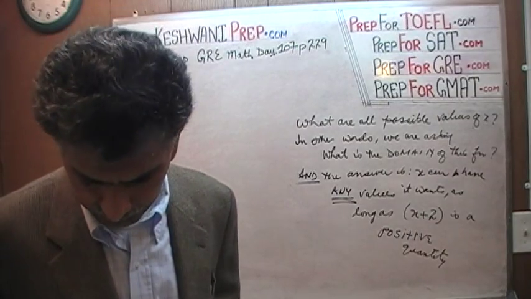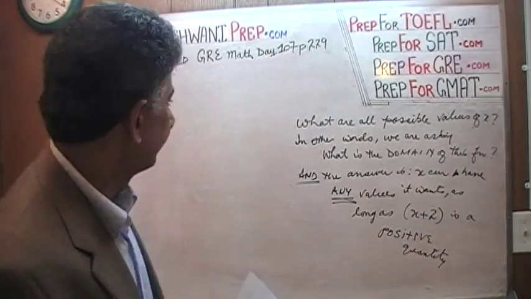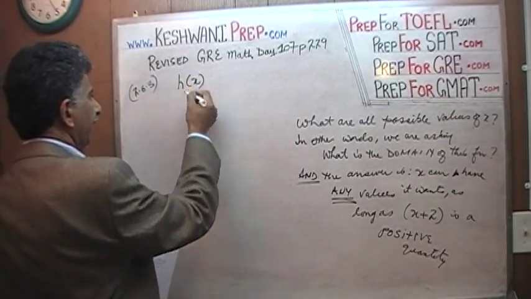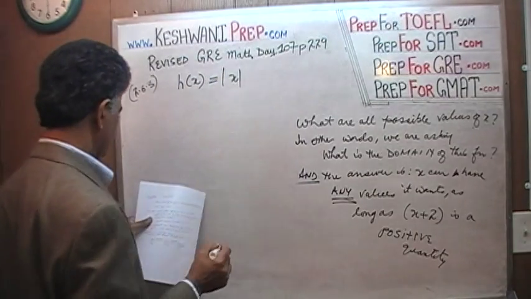Let's do the next one, which is on the same page, 2.6.3. Here we have a function, they're calling it h. H of x equals the absolute value of x.